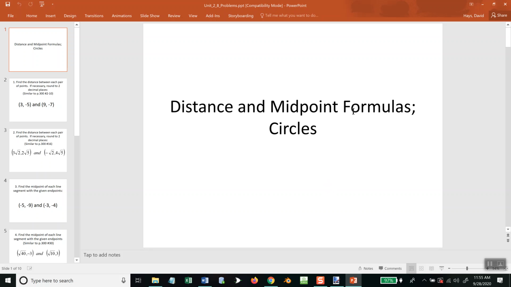Now this is section 2.8, distance and midpoint formulas, circles.